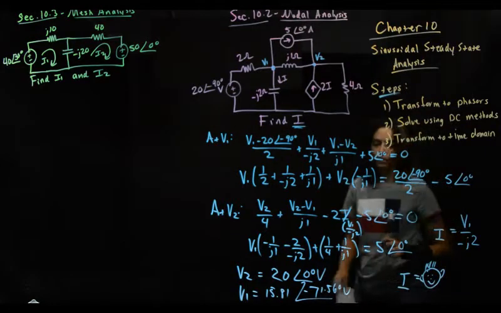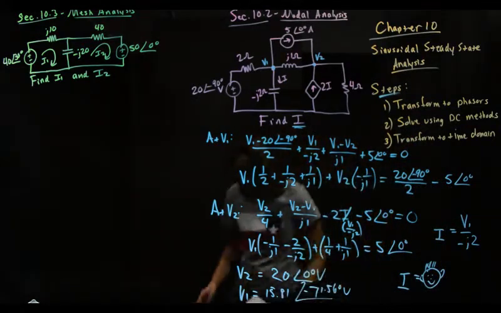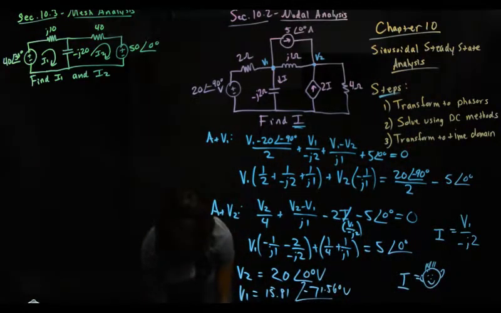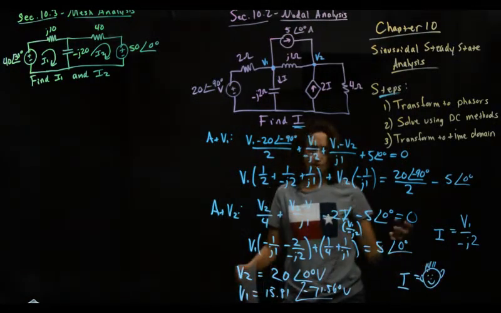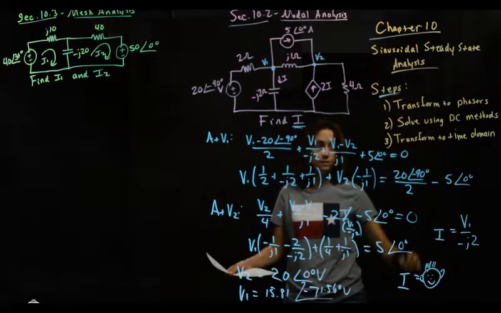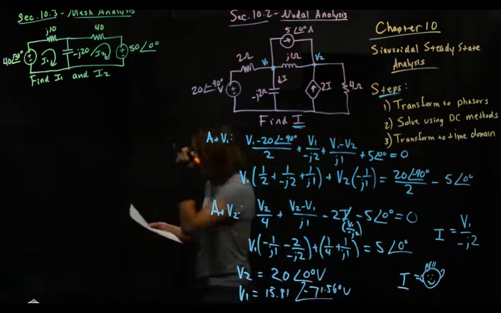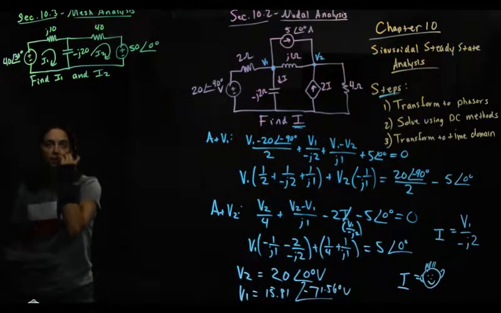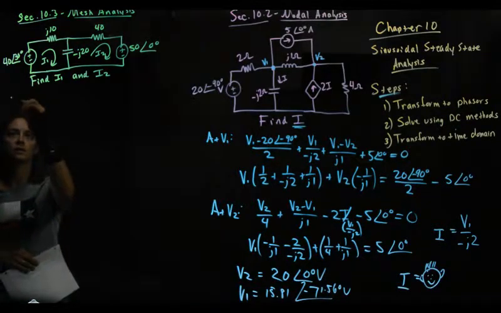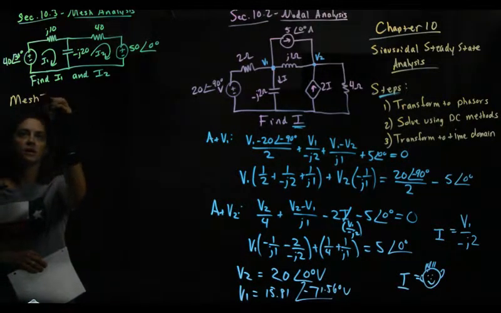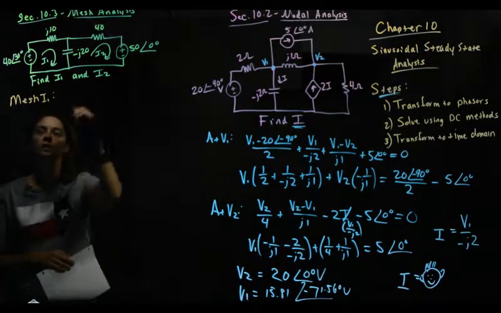There you go. Okay, so let's take a look at mesh. Again, everything works the same, we're just in a different domain. So for mesh, they've already labeled I1 and I2 for us. We'll call the first one mesh I1. We'll go around the loop.